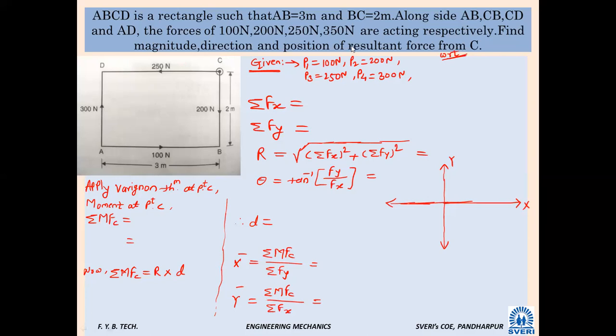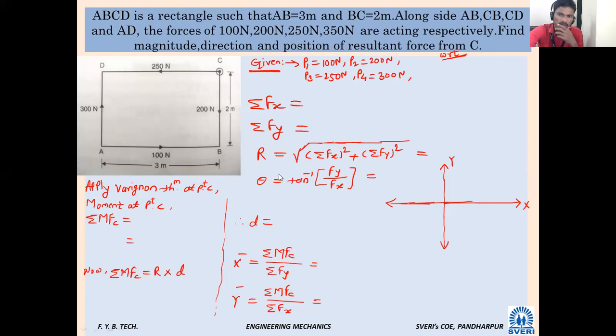Are you solving the problem? Manasi, roll number 30. At what step you are? Which step is going on? Resultant. Okay, be fast. Next one, Riddhi, 46. At what point you are? Resultant, sir.